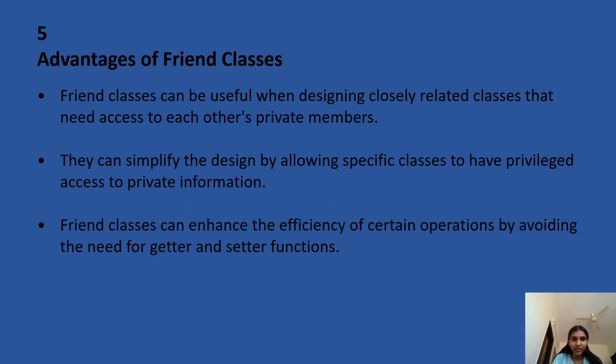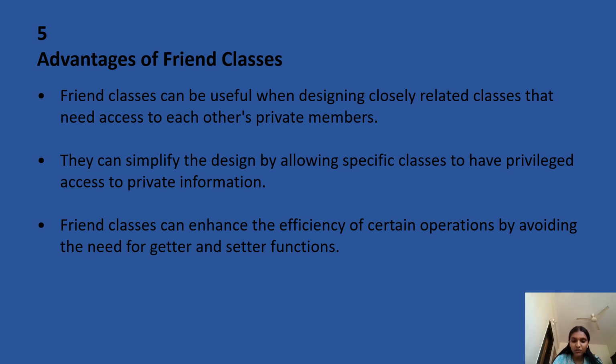Advantages of a friend class. Friend classes can be useful when designing closely related classes that need access to each other's private members. They can simplify the design by allowing specific classes to have privileged access to their private information. Friend functions and classes are also used for operator overloading and enhanced encapsulation.